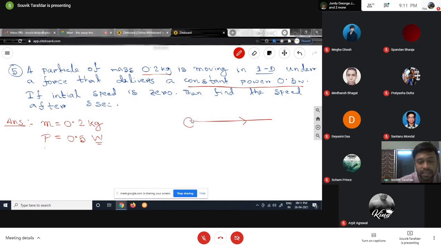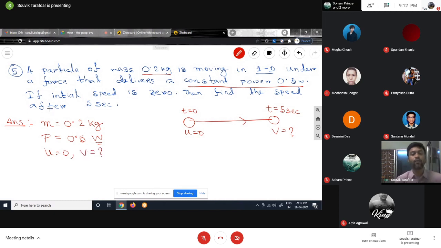If the initial speed of the particle was 0, if u was equal to 0, then find the speed after 5 seconds. Maybe here time was 0, here time became 5 seconds. So after 5 seconds, find its final velocity. v is equal to question mark.